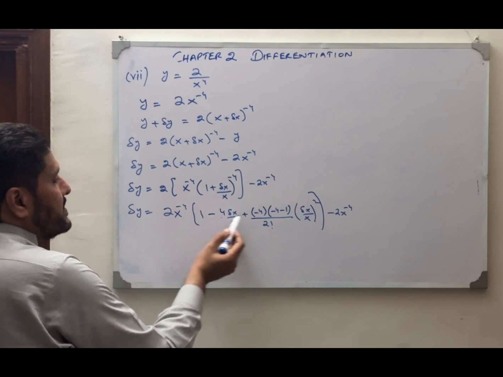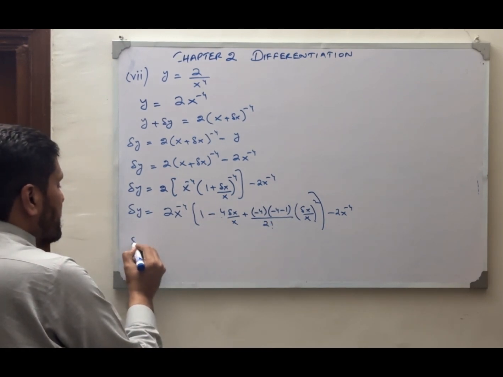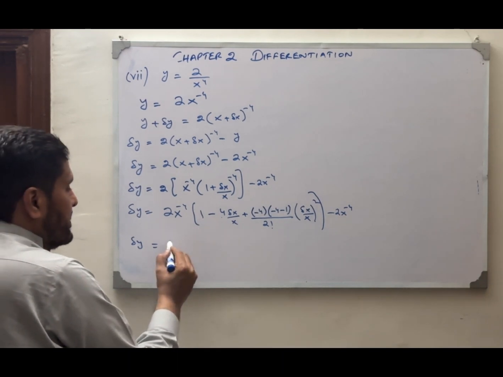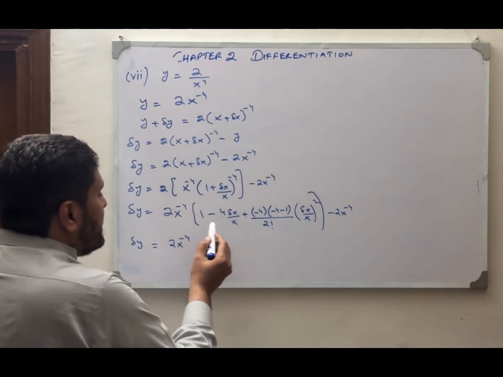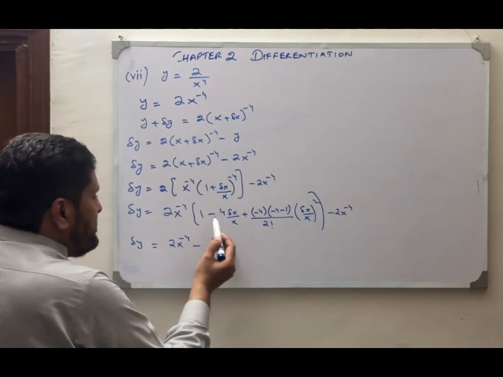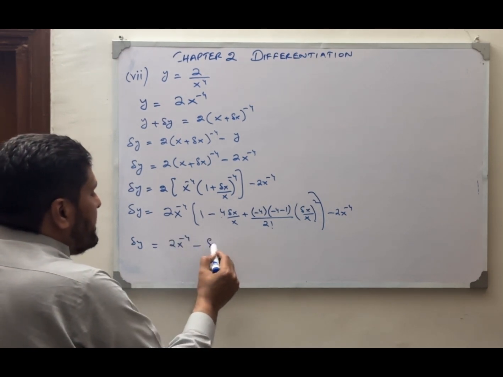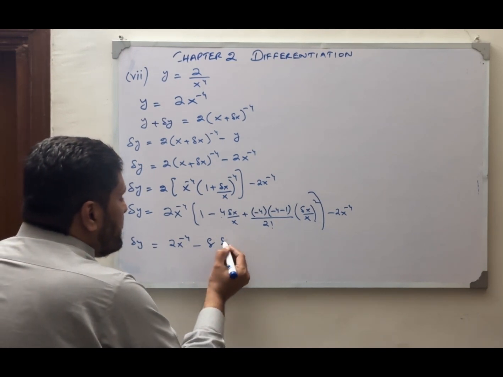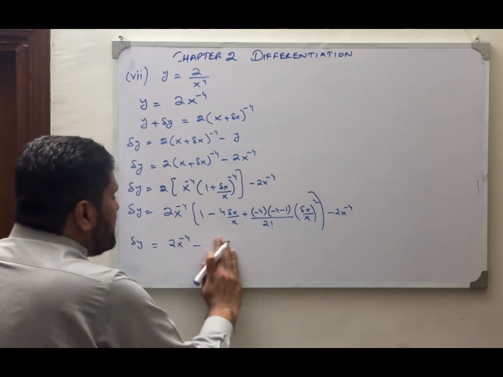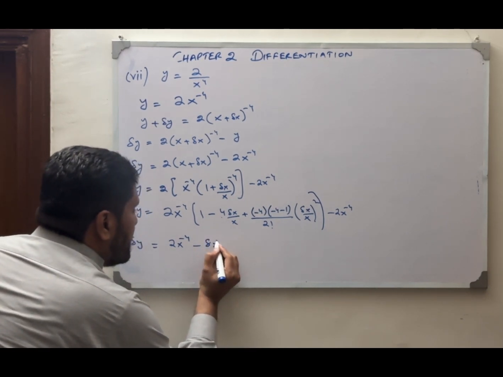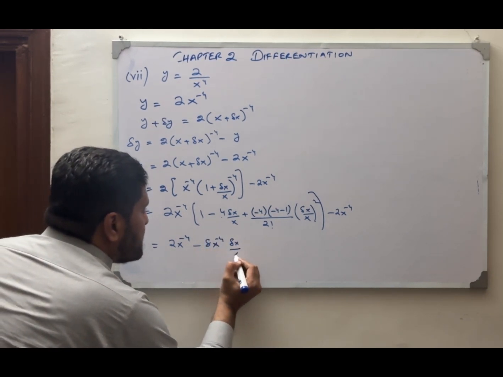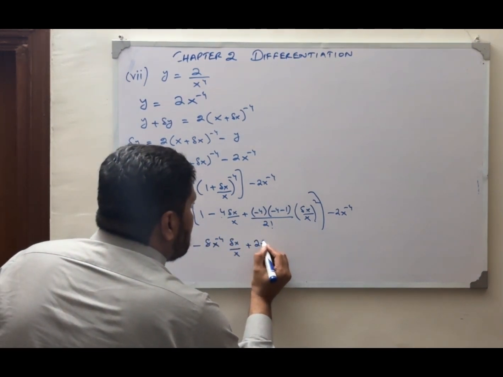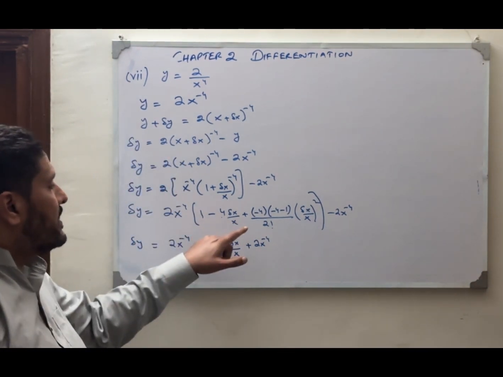Multiplying this term with this whole expression, delta y is equal to 2x power minus 4 when multiplied by 1, that is 2x power minus 4, then minus 2 into 4, that will become 8, so minus 8x power minus 4 into delta x by x, plus again 2x power minus 4 multiplied by this whole term.